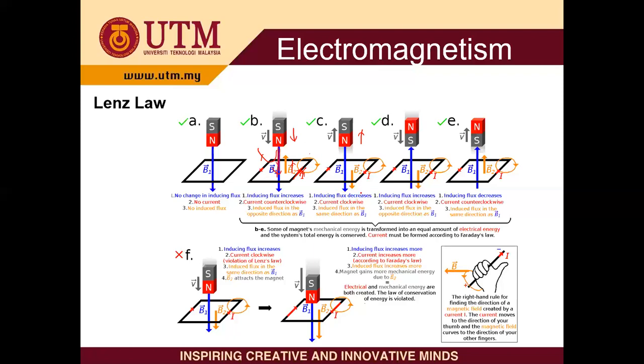A current will be induced in the clockwise direction, because it wants to produce a field that opposes the decrease of the flux. So that is how Lenz's law is stated. Lenz's law only complements Faraday's law.